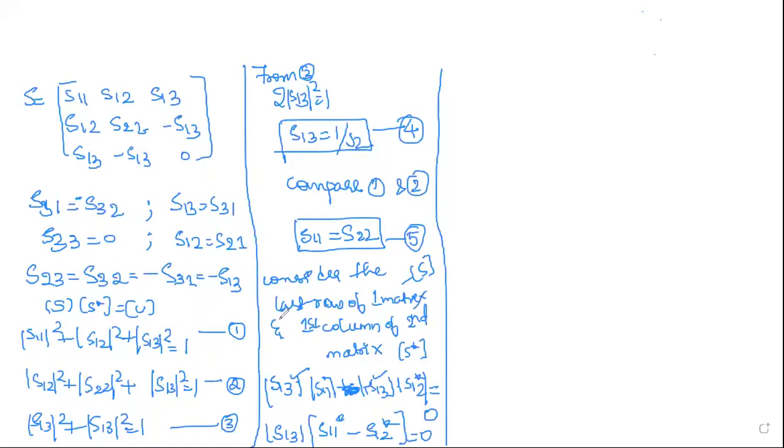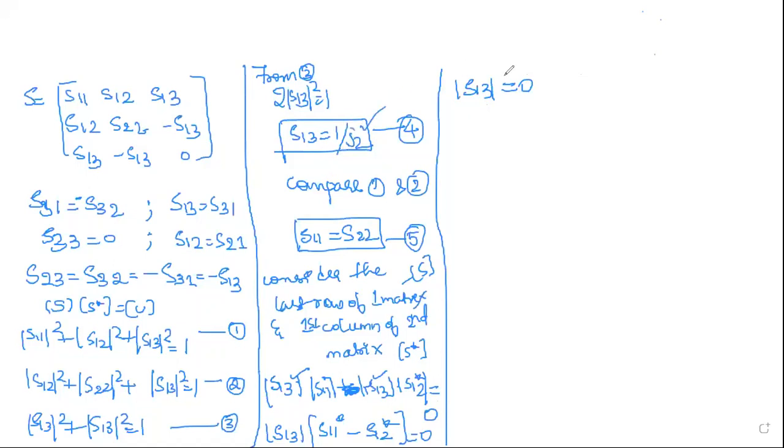Now, can I equate this S13 to 0, because there are two terms which are going to 0? Can I equate this S13 magnitude to 0 from these equations? Yes or no? Yes, ma'am. But you know already the value of S13 is 1 by root 2.